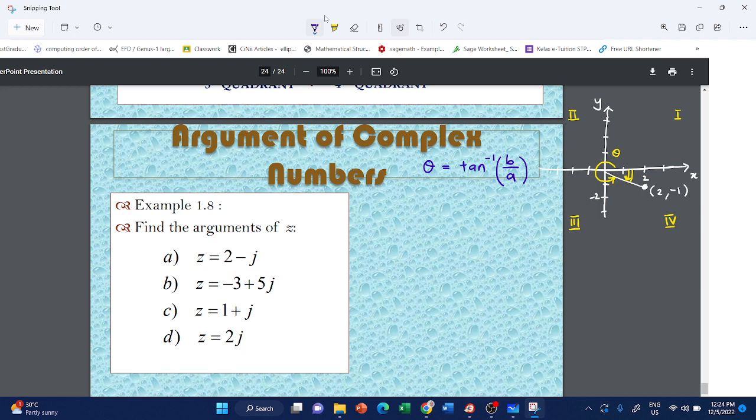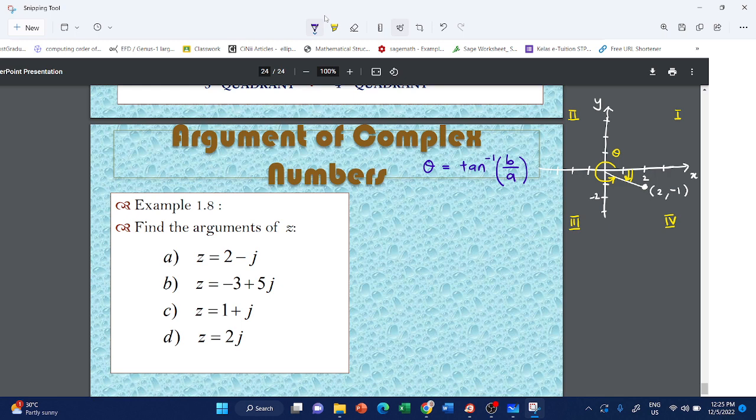So if you have an angle that is more than 90 degrees, then you have to find out, probably you have to add the quadrant. Maybe plus 180 and so on, or maybe plus 270 and so on.